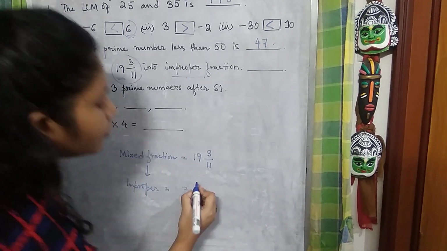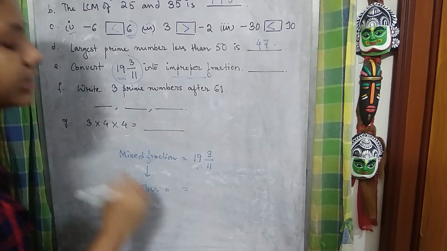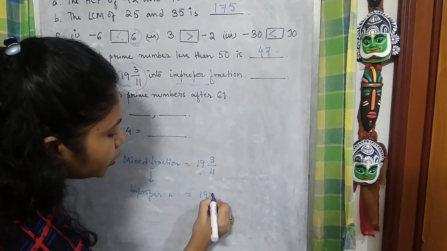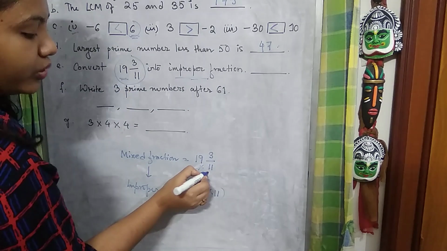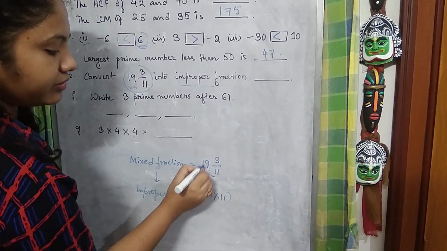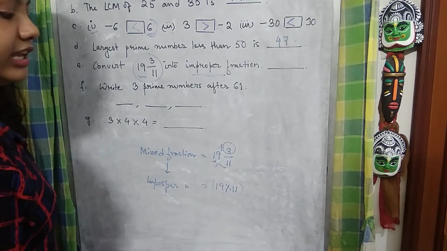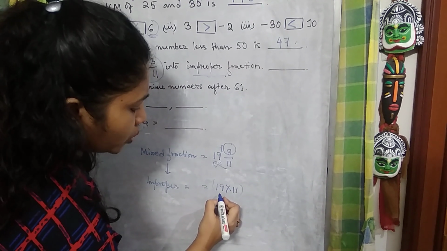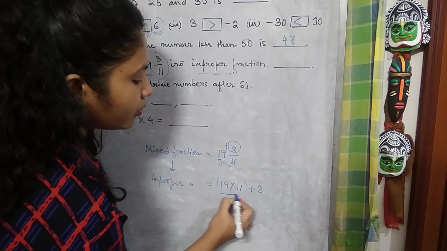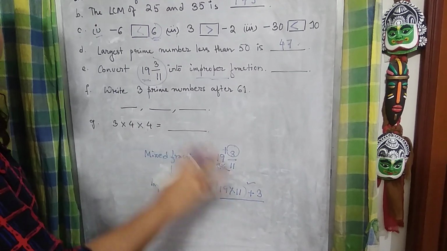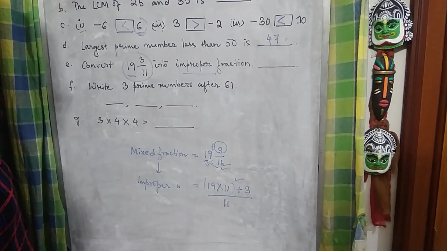There is a trick. We multiply 19 with the 11, the lower number, then after multiplying, we add the numerator, the number in the upper position. So 19 into 11 plus 3. The upper part is completed, and for the lower part we keep the 11 intact.